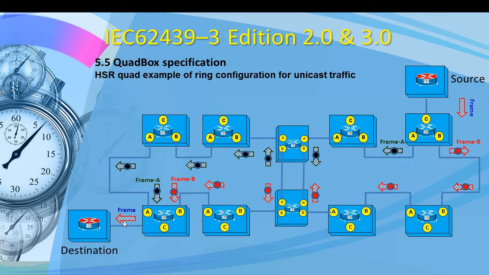The red box then forwards the frame to the destination. This quad box connects different HSR rings.